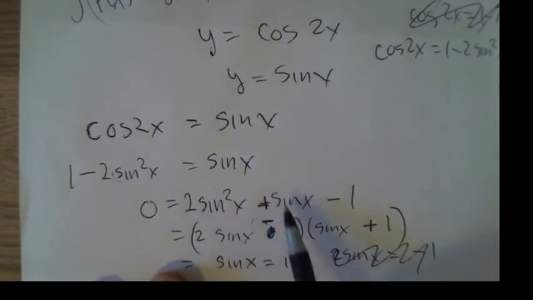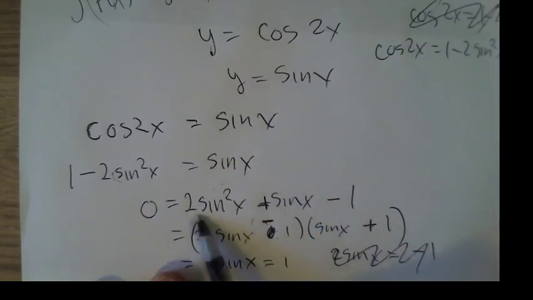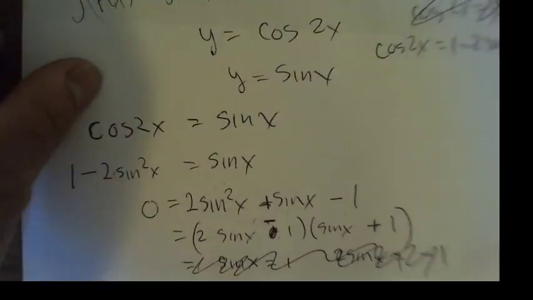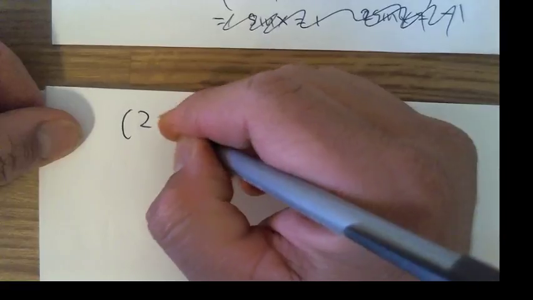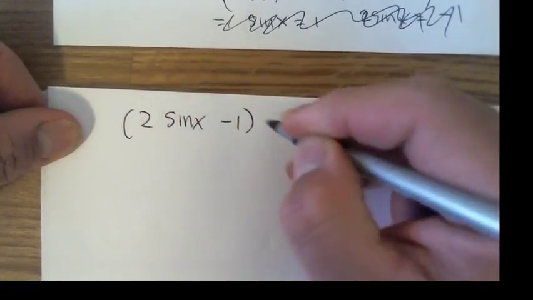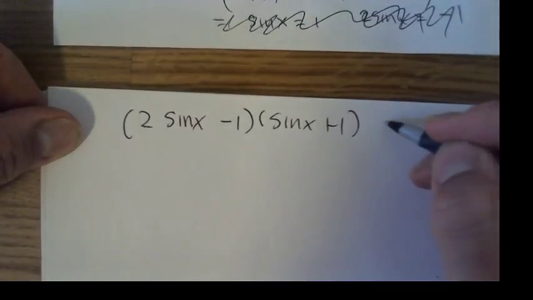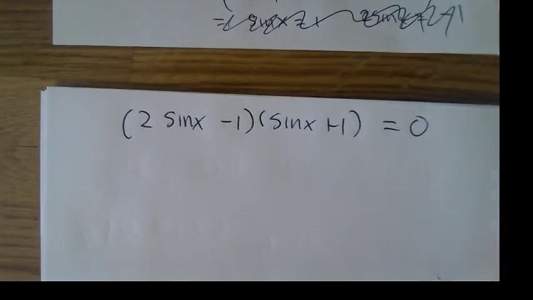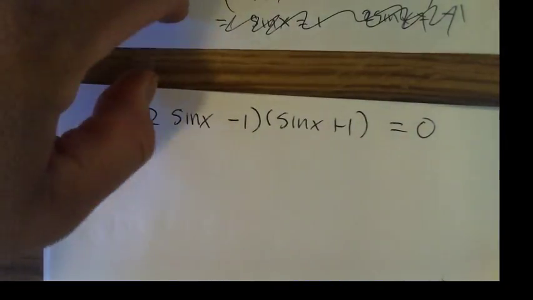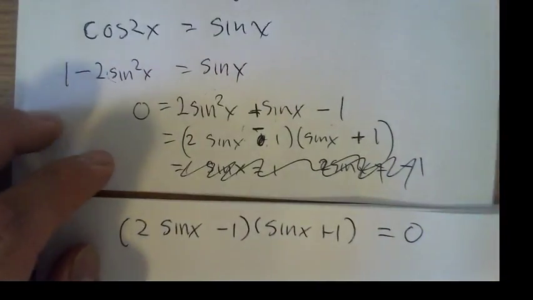I missed a sign here. That should be a positive sine x, and this should be positive, and that should be negative. So the factored form should look something like this. Okay, so we have 2 sine of x minus 1 times sine x plus 1 equals 0. That would be the factored form of this.